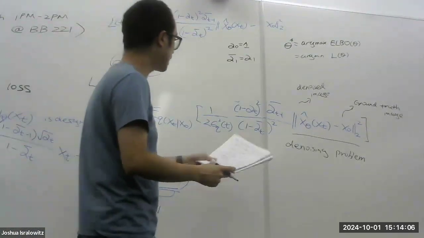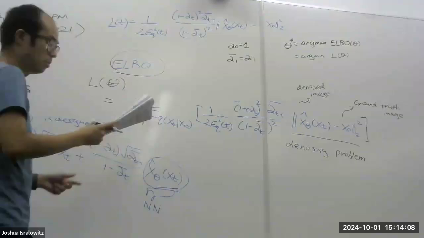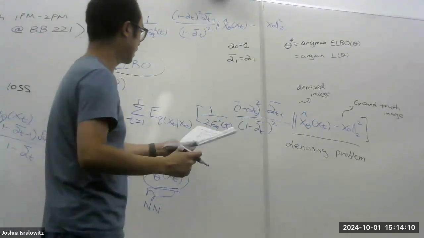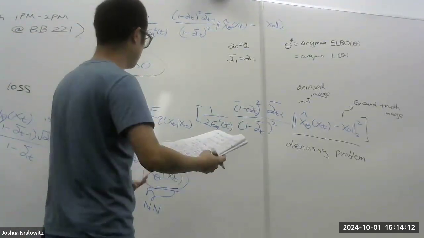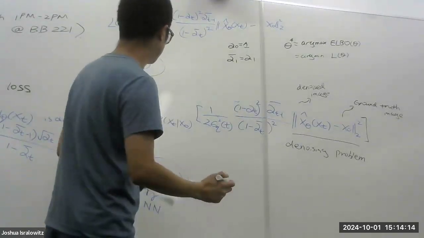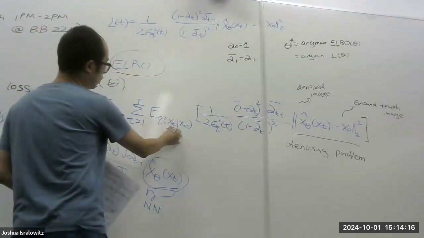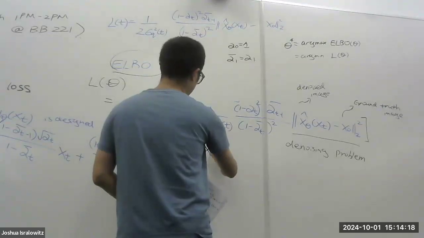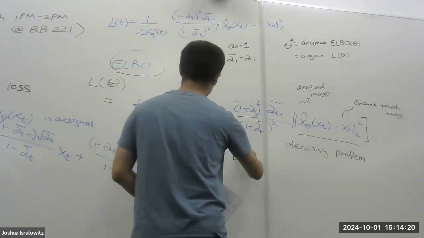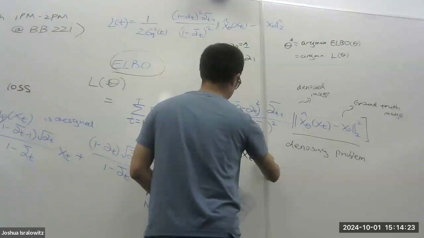Also, this xt is not some random noisy image. It actually has to follow some distribution that we already talked about. Particularly, you have to make sure your xt follows the distribution of xt given x0.